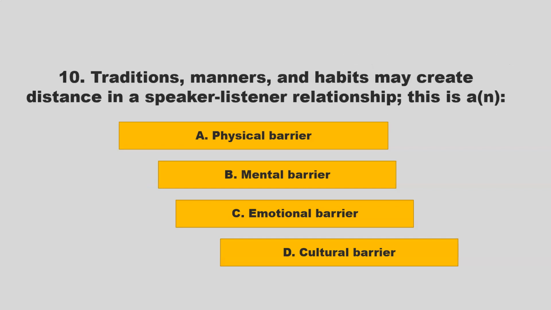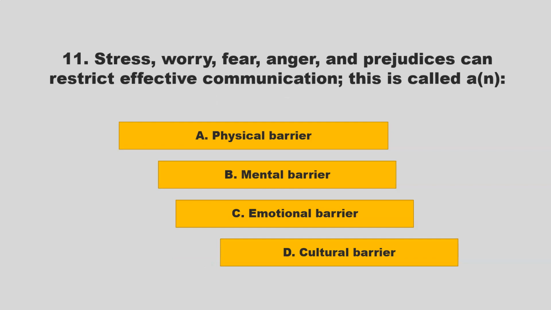Traditions, manners, and habits may create distance in a speaker-listener relationship. This is a physical barrier, mental barrier, emotional barrier, cultural barrier. If you chose D, cultural barrier, you are correct.